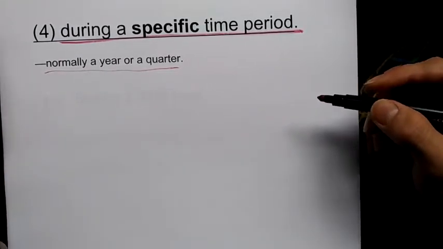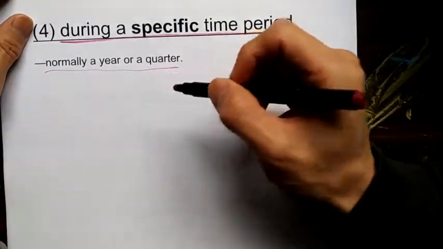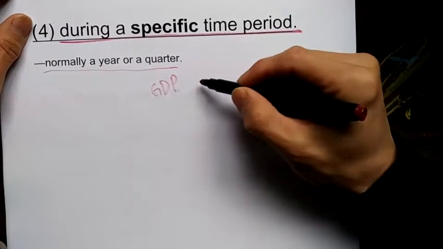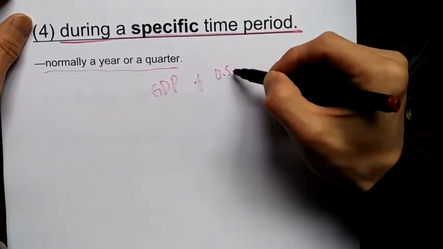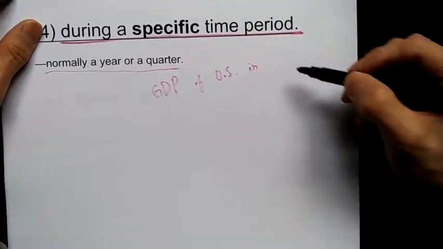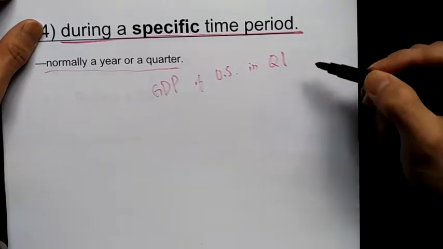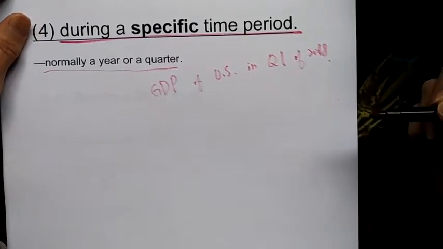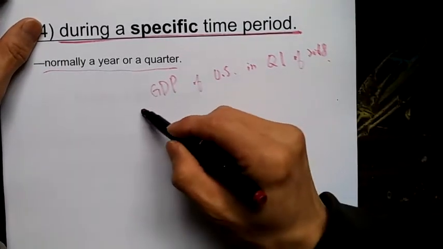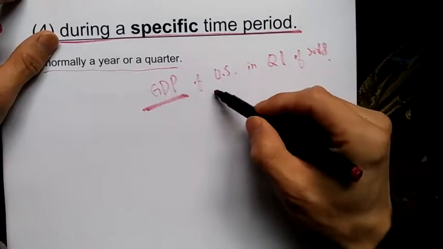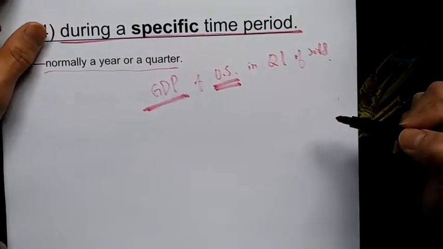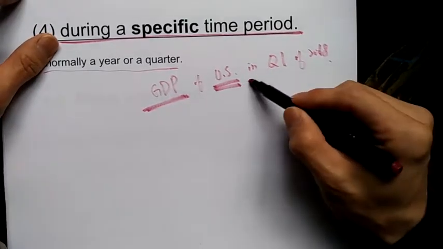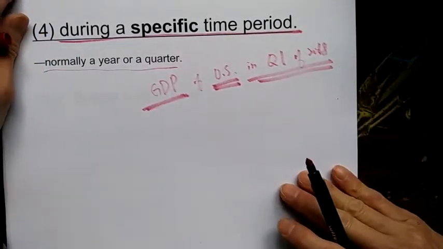Therefore, when you hear GDP, you usually hear that the GDP of the United States in the first quarter of 2018. So GDP must be defined within a specific country because it's gross domestic product during a specific time.